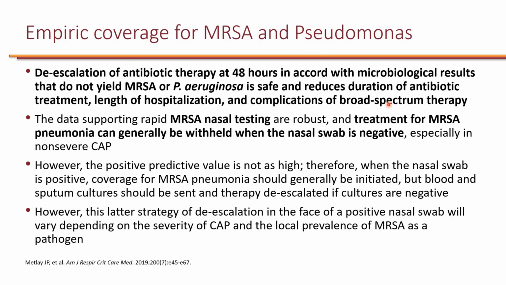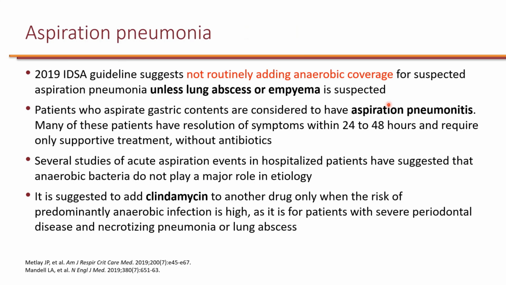And lastly, the 2019 IDSA guidelines for the very first time had recommendations for aspiration pneumonia. And what they say is that they don't suggest routinely adding anaerobic coverage for suspected aspiration pneumonia unless the patient actually has a lung abscess or empyema.